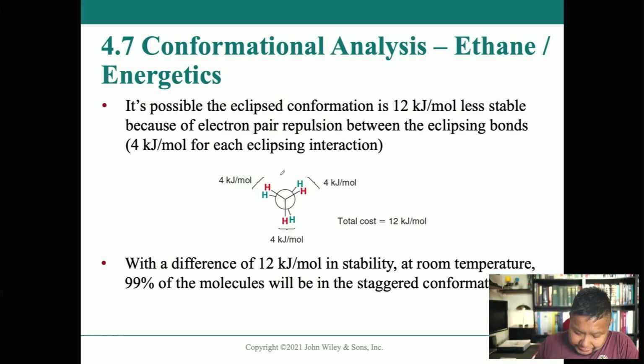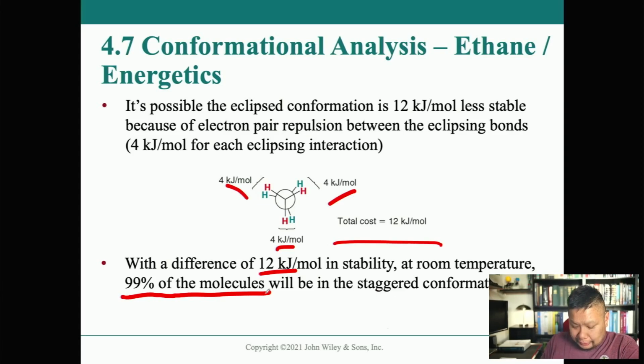Since there are 3 of them passing by each other as they rotate around, the total cost is 12 kilojoules per mole. That's where we get that from. What that means is that 99% of the molecules of ethane are going to be in the staggered conformation at room temperature.